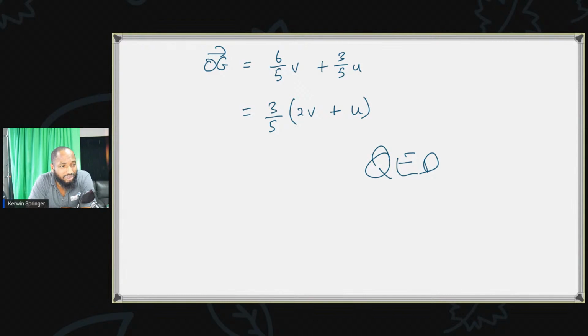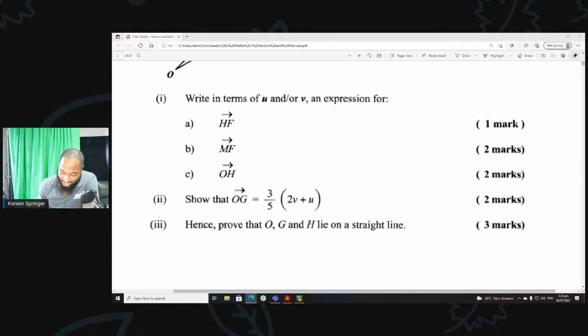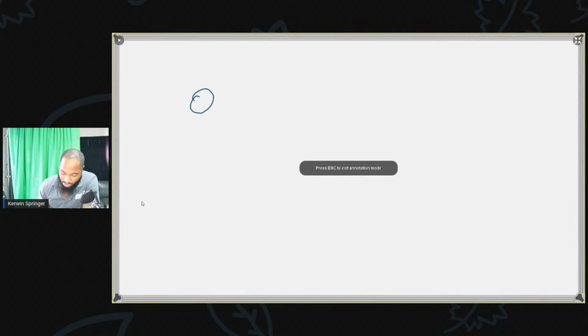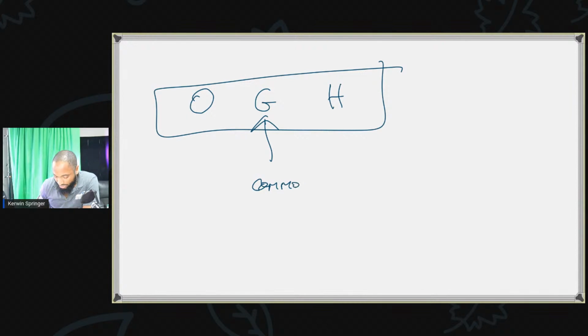What do you think about that question? So really, start with the hardest question. Hence prove that O, G and H lie on a straight line. Well, that one is easy. Well, O is a common point, so that is one thing.